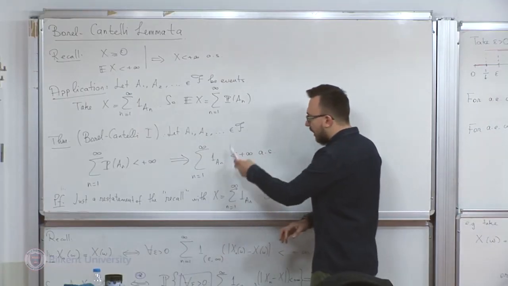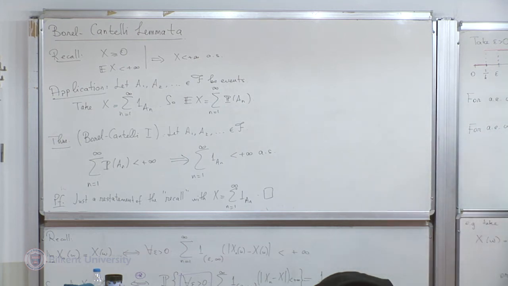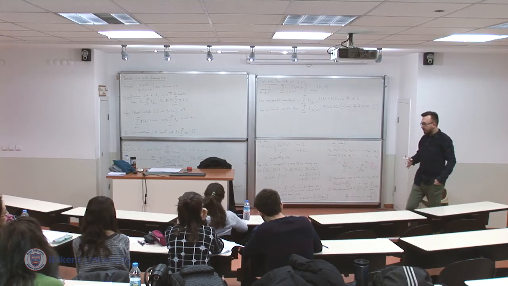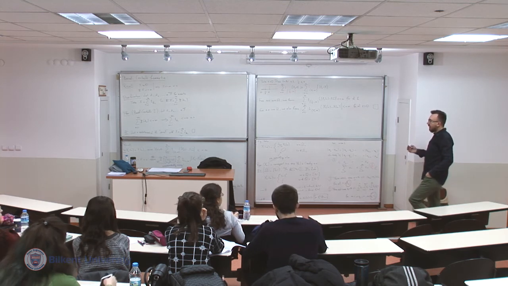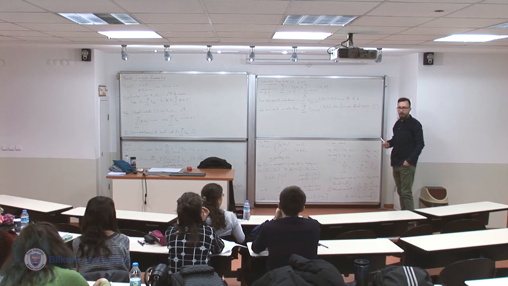So what does that mean? The sum of indicators is finite. Let's say these are events: A1 occurs, A2 occurs, A3 occurs. So what does this say if their sum of indicators is finite? Let's say this is a sequential experiment. Every day you want to see if A_n occurs.